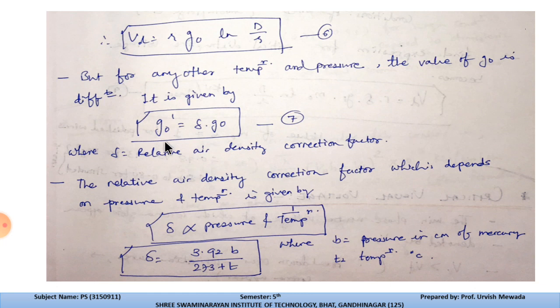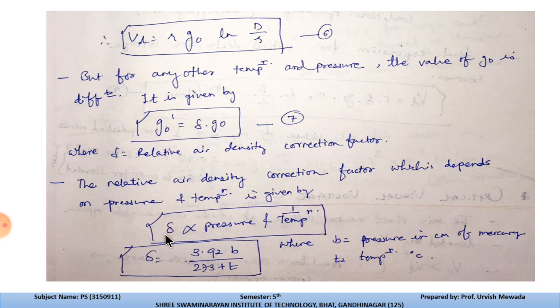If the weather has more moisture or if the weather is dry, they have different relative air density, so G0 is multiplied with delta, the relative air density of the particular atmosphere, and it is a correction factor.